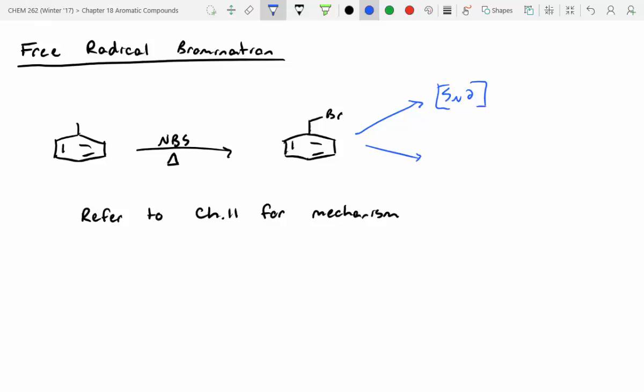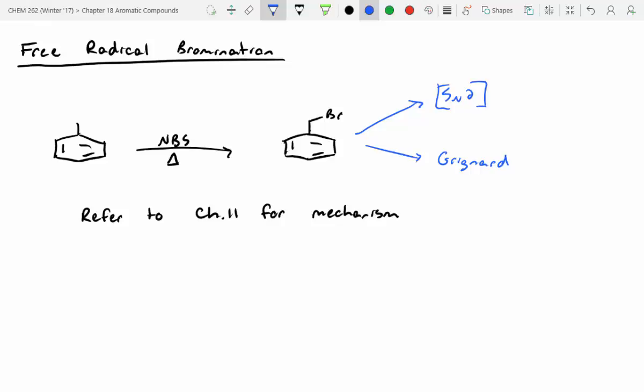Alternatively, we can convert this into a Grignard. We can do a lot of really useful chemistry using this benzylic position, right? And so this is a really valuable intermediate for organic synthesis, and chances are, hint, hint, I might tell you you can use toluene as your starting material on either this next exam or the final exam.